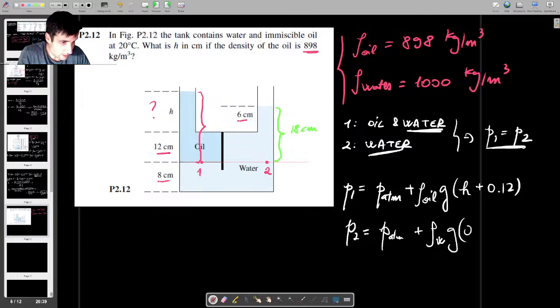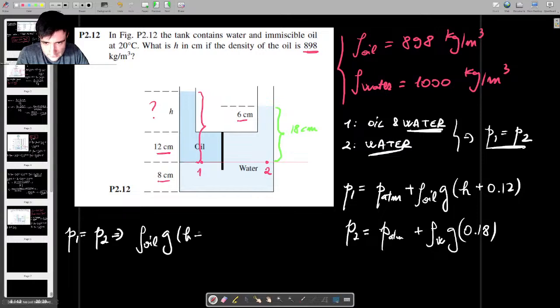So we've got 0.18. So we equate the two pressures. So we have P1 is equal to P2. Therefore, we have density of oil times G, and then we have this is equal to this.